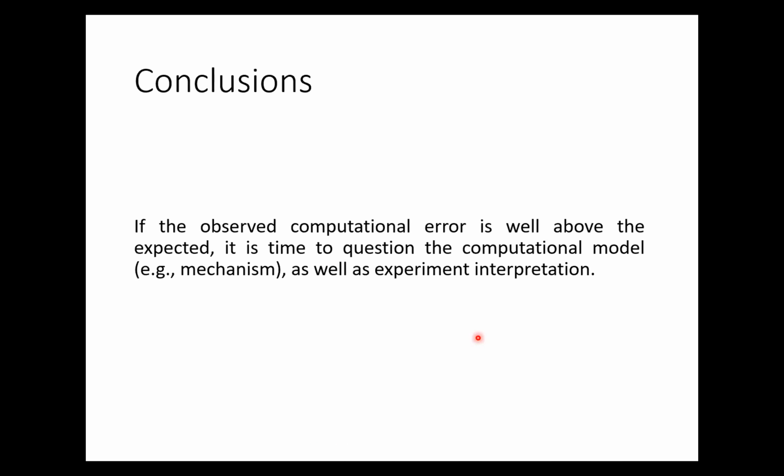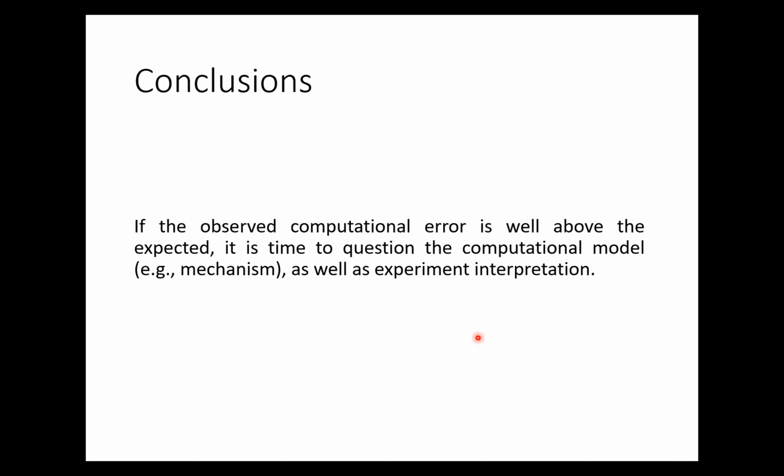Here I think we can make one more conclusion. That is, if the observed experimental error is well above the expected one, then it's time to question the computational model, for example the mechanism, but also it's time to question the experimental interpretation.